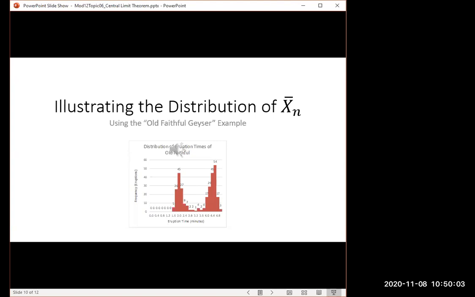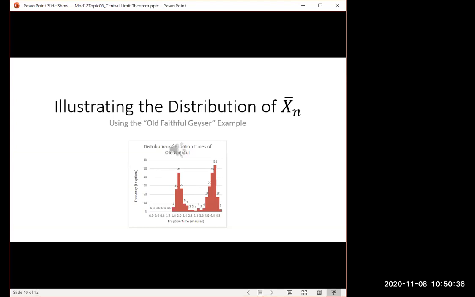This is the data from our data sets spreadsheet. This is from the Old Faithful geyser example, where the geyser erupts in two different ways. It has two different modes of eruption. There are short eruptions, and then there are a lot of taller, longer lasting eruptions, but not very much in between, in the middle.